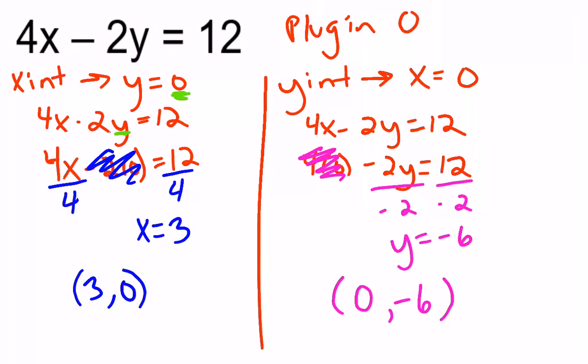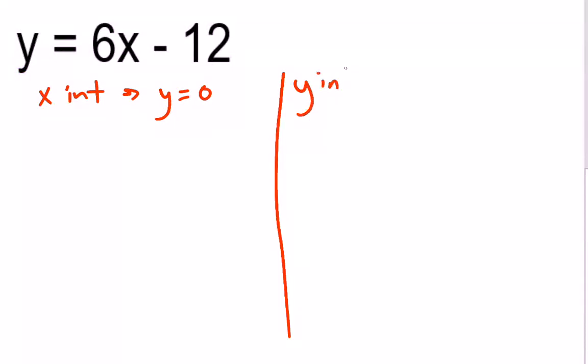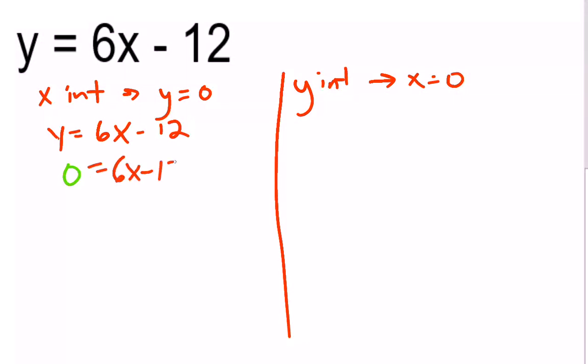The next equation looks a little bit different, but we're going to do the same process. So split up your workspace into two places. X-intercept means that y is 0, and y-intercept means that x is 0. So when I substitute in 0 for y, I get that 0 equals 6x minus 12.